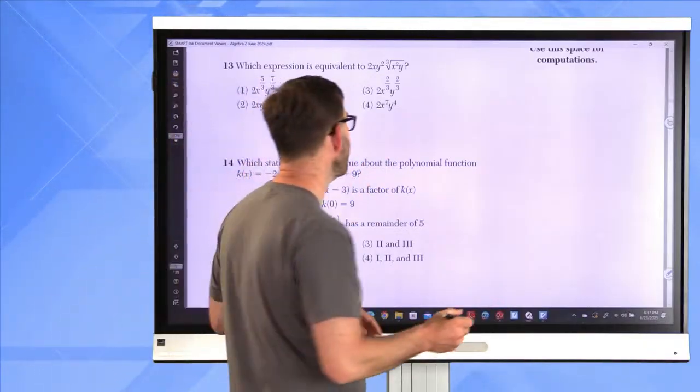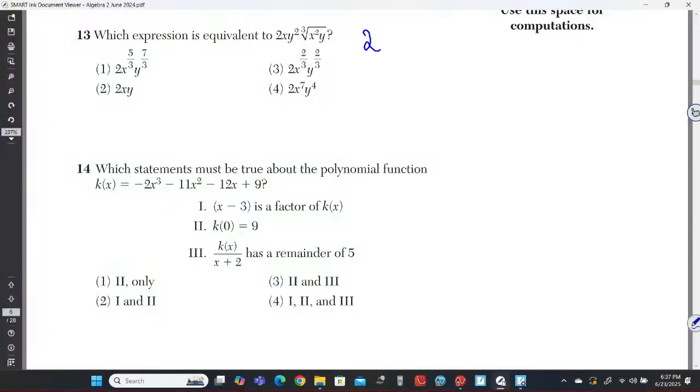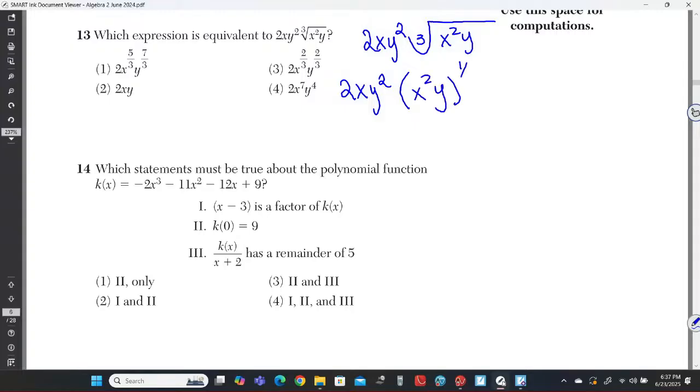And let me write this thing down so that you can see it a little bit better. What we've got is 2x y to the second times the cubed root of x squared y. Now the first thing I'm going to do is rewrite that cubed root as a 1/3 power. All right, so I've got 2xy squared times x squared y to the 1/3.